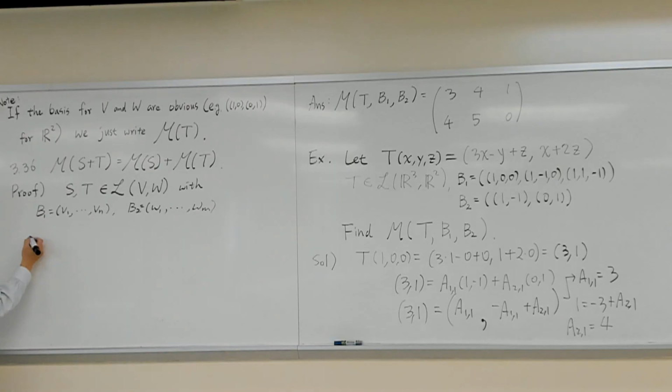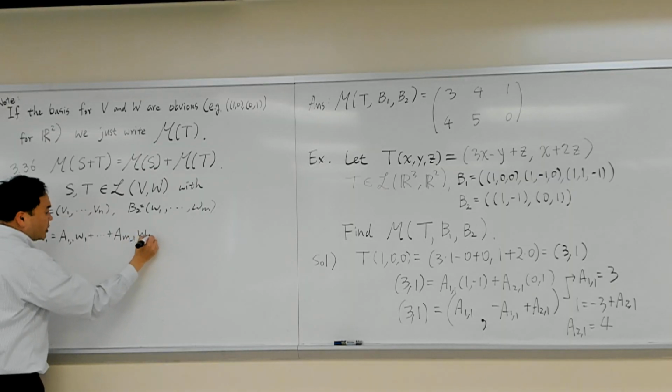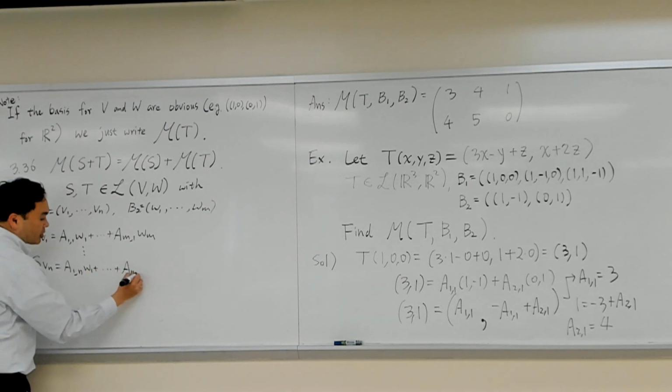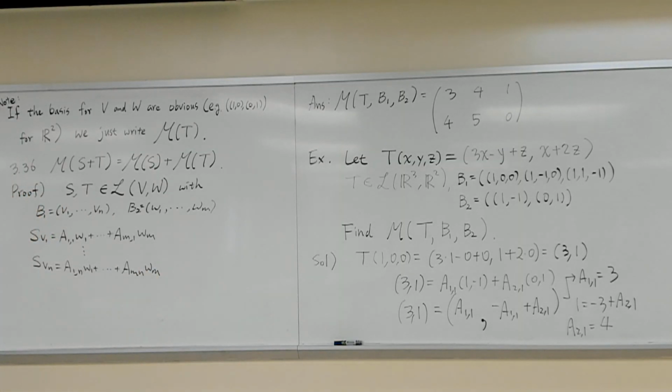And then in such a case, you can say that S of v1 is equal to A11 w1 plus and so on up to Am1 wm, and then S of vn is A1n w1 plus and so on up to Amn wm.